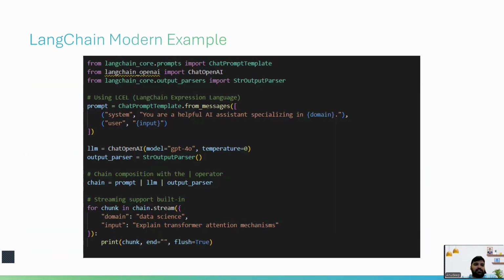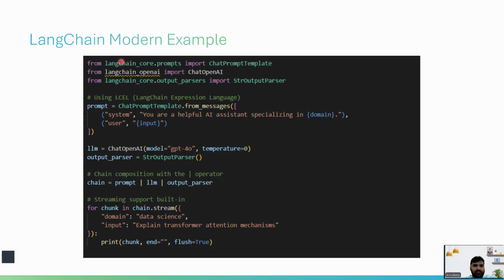Okay, before that, let's look at a modern example of LangChain. If you can see, let me bring up my laser pointer. Here we are trying to import ChatPromptTemplate from langchain_core.prompts.